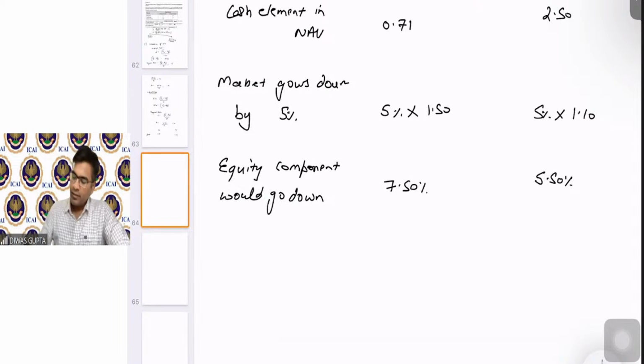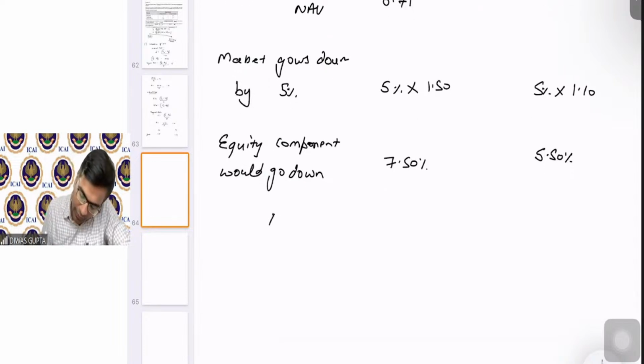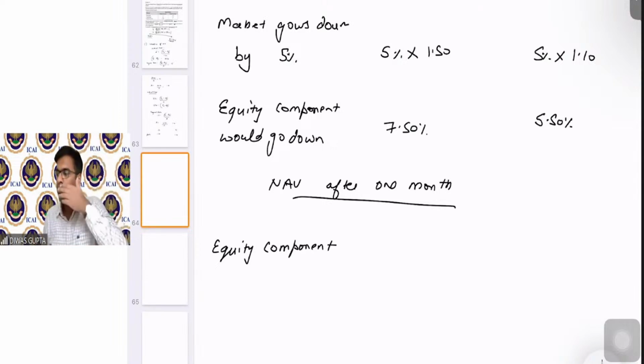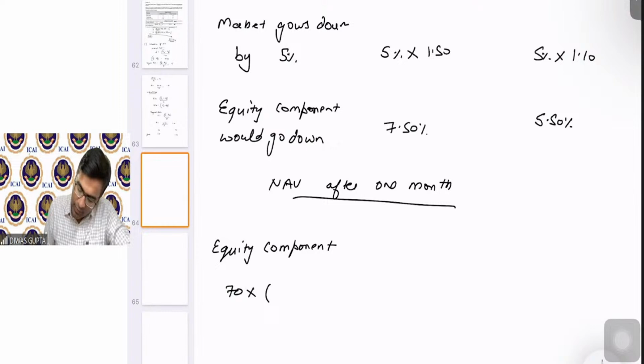Perfect. Then let's come to NAV after 1 month. Equity component will be, opening was how much? 70. It has gone down by 7.5%.